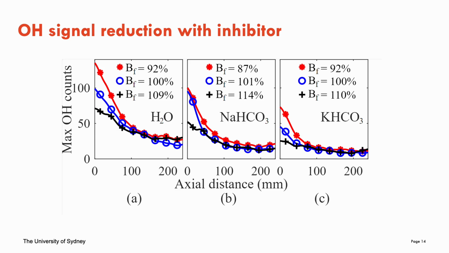Higher blow-off means you're in the unstable regime, and a lower blow-off means you're in the stable regime. What's quite interesting is that with increasing blow-off percentages, your OH monotonically decreases, and with different inhibitors, from water to sodium to potassium, your max OH counts decrease even further.